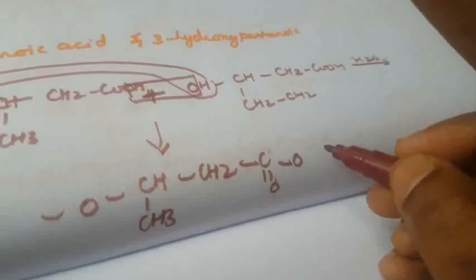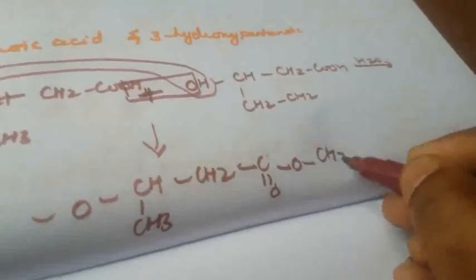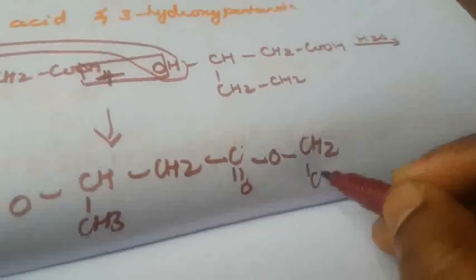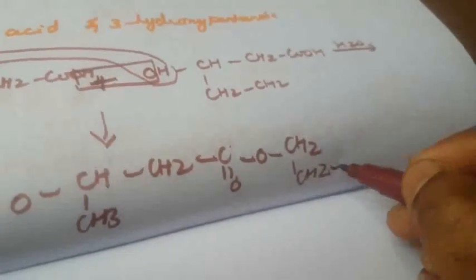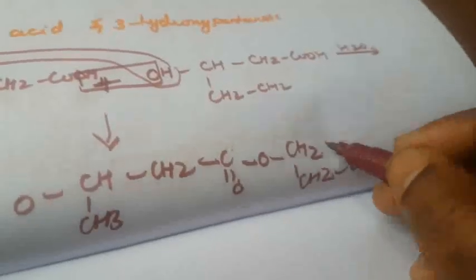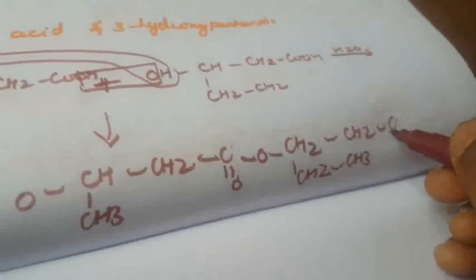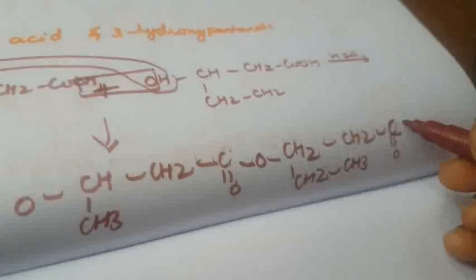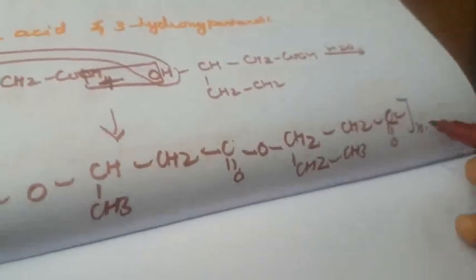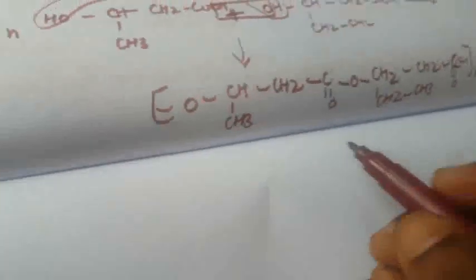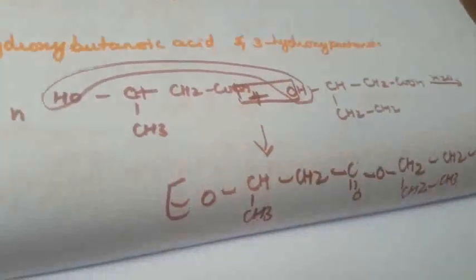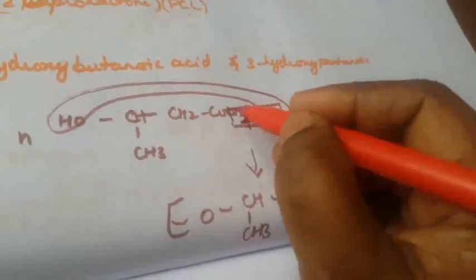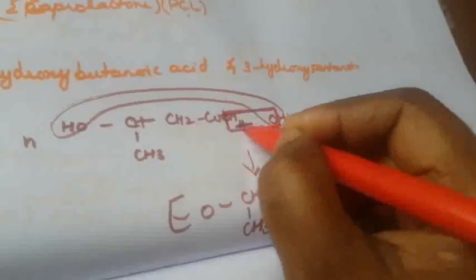So here that is again CH2, CH3, CH2, CH3, then CH2, C double bond O. Okay, once again, here the H2O molecule will be removed. Here one H2O molecule will be removed.